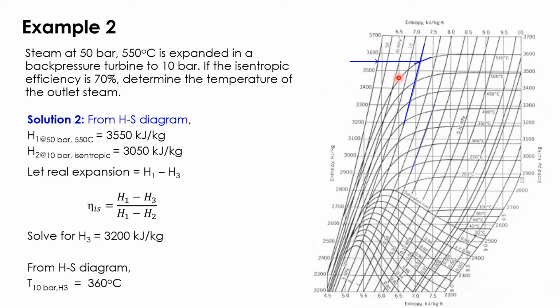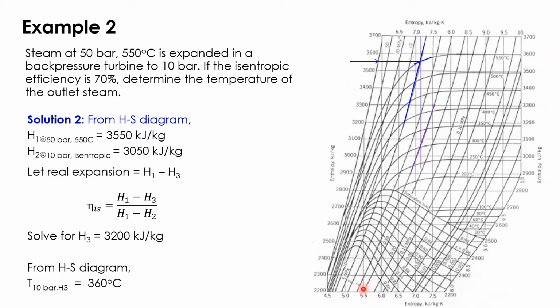Then the exiting condition is 10 bar. Okay, so this is the line of 10 bar, corresponding to 1 megapascal, as you can see over there. Then remember that the process is isentropic, so the isentropic line is a straight vertical line.